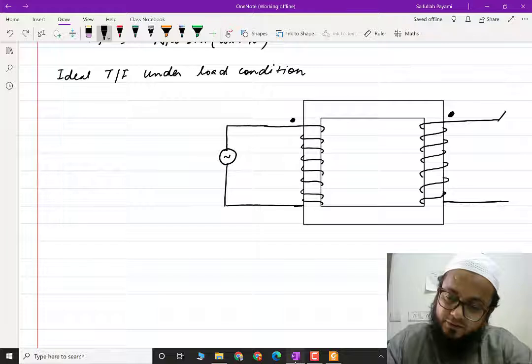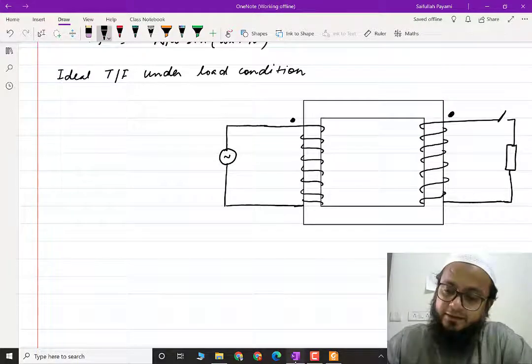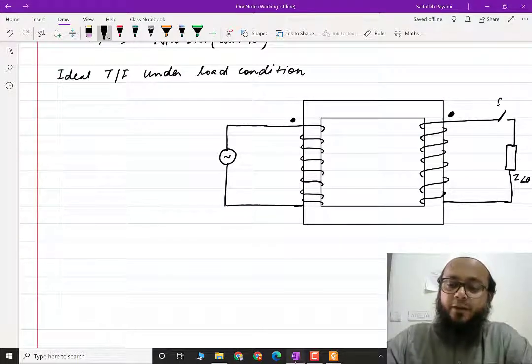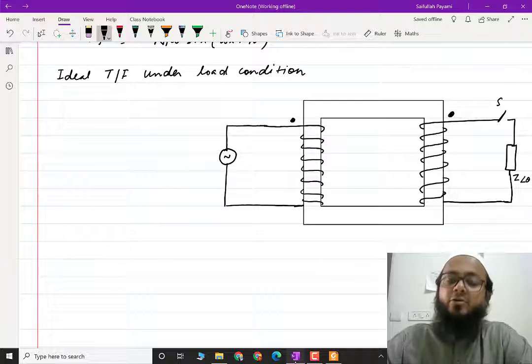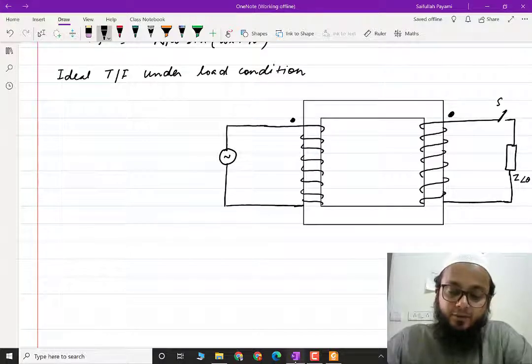Let's say you have a switch here, which is connected to a load. This load impedance is Z at an angle of. If this switch S is open, that means the transformer is not loaded. So we have two coils here, coil 1 with N1 number of turns here, and N2 here.